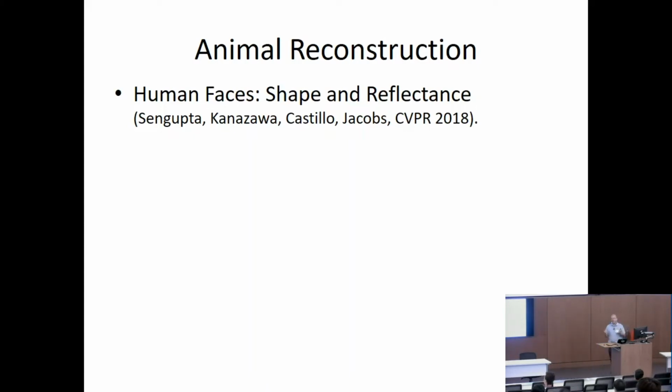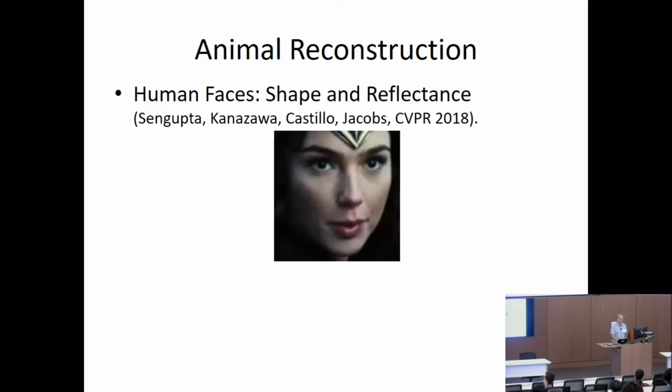But one theme of a few projects has been doing 3D reconstruction of either humans or animals. This is a really interesting problem because living things are non-rigid, and they are difficult to reconstruct for that reason. But at the same time, we have a lot of prior knowledge about them that can be used to assist in reconstruction.